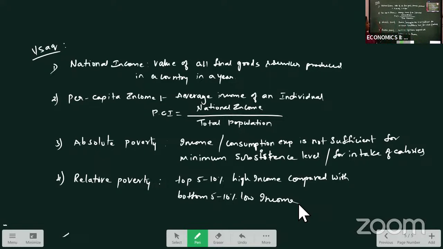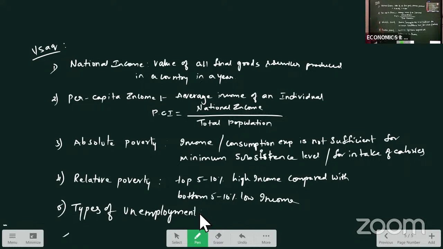So these are the important questions you have to go through: national income, per capita income, absolute poverty, relative poverty. Then you have to go through all the types of unemployment. From these only, you will get 2 VSAQs from this chapter. They also will come for your VSAQ.